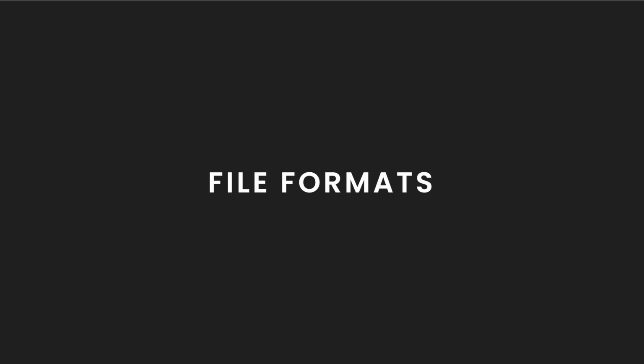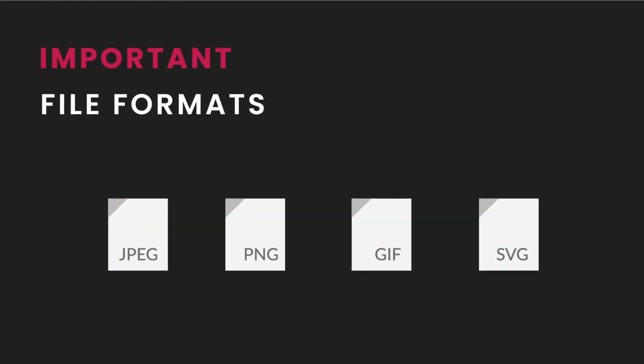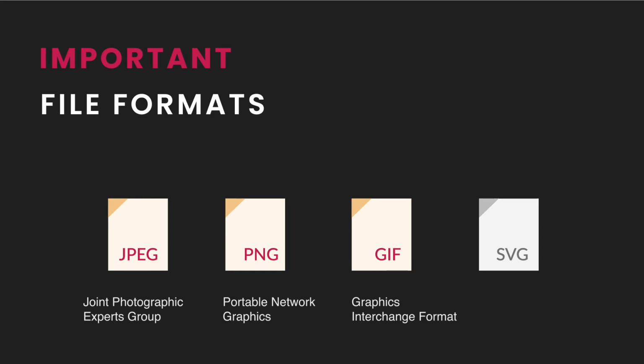Image file formats. Though there's a bunch of different file types for images, let's discuss only 4 crucial types that you simply cannot ignore as a graphic or UI designer in this video. They are JPEG, PNG, GIFs, some people pronounce it as GIFs, and SVGs.